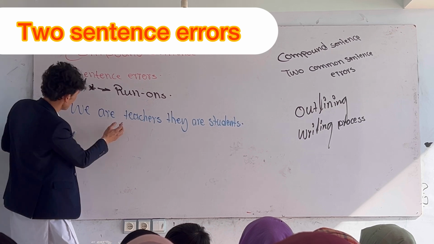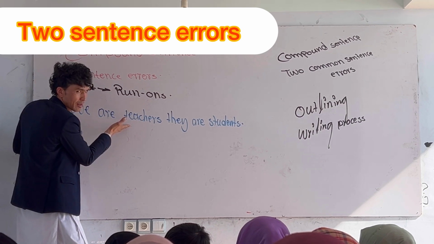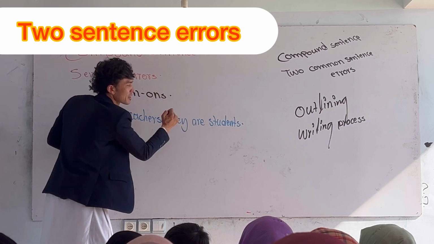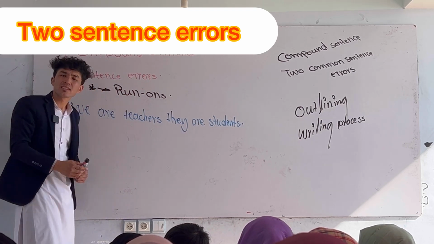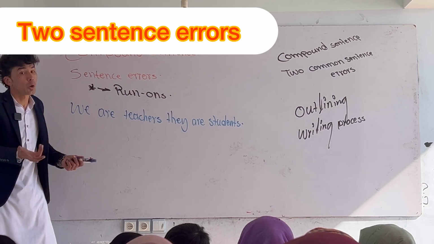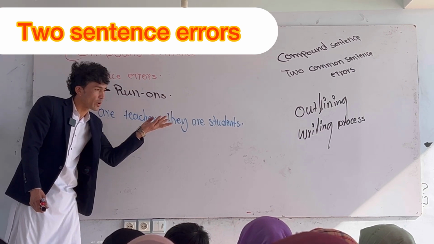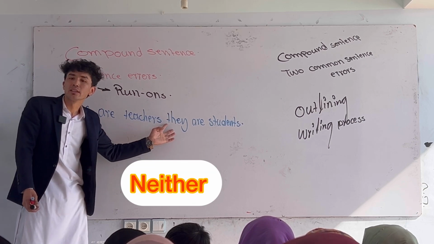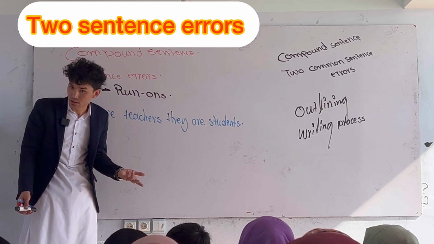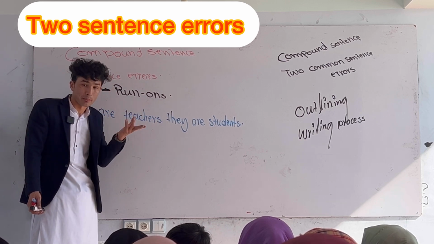See, look, we are teachers. This is a simple sentence. They are students. Isn't it another simple sentence? Yeah, sure. But is this grammatically correct? No, it is not correct. Because it should be joined with a comma and a conjunction, but it does not have either of those things. So in this case, we understand that this is not correct grammatically.